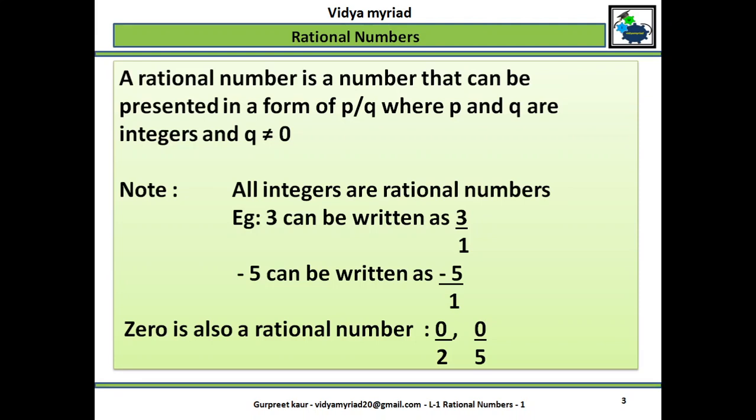If I have a negative number, minus 5, that can also be written as minus 5 upon 1. Now here you need to be careful. If you are asked, is 0 a rational number? Yes, 0 is also a rational number, as it can be written in the form of 0 upon 2 or 0 upon 5, whatever that number is. The only thing you have to take care of is that the denominator should not be equal to 0.